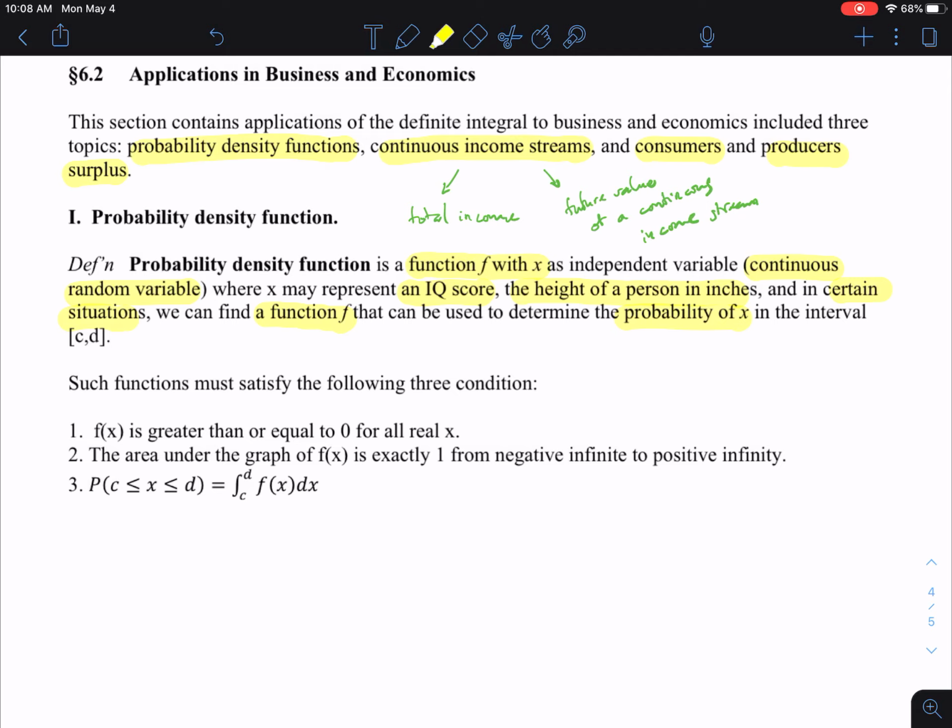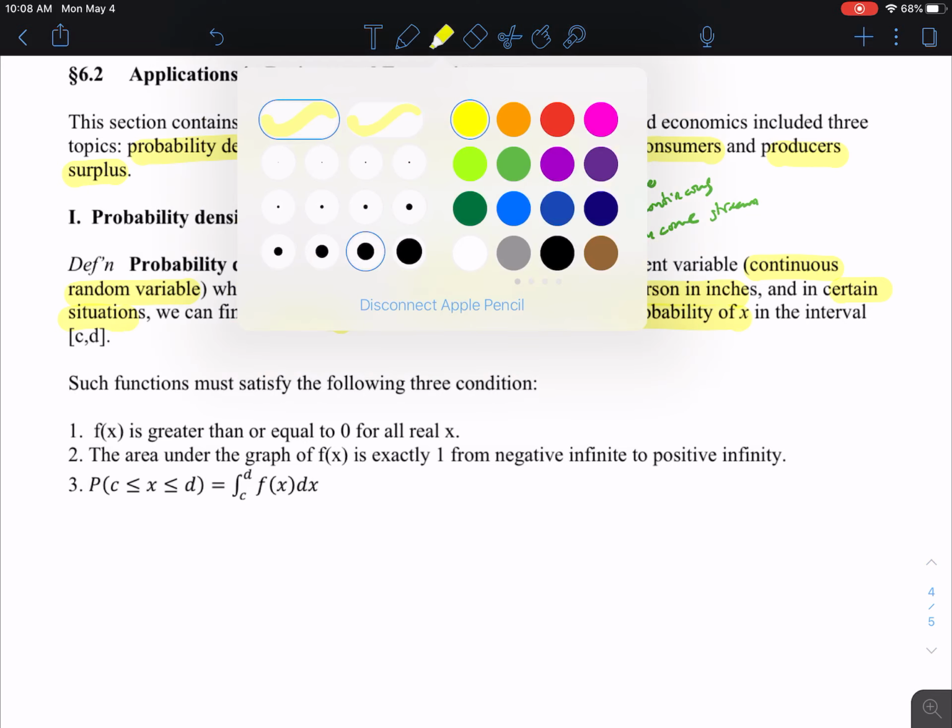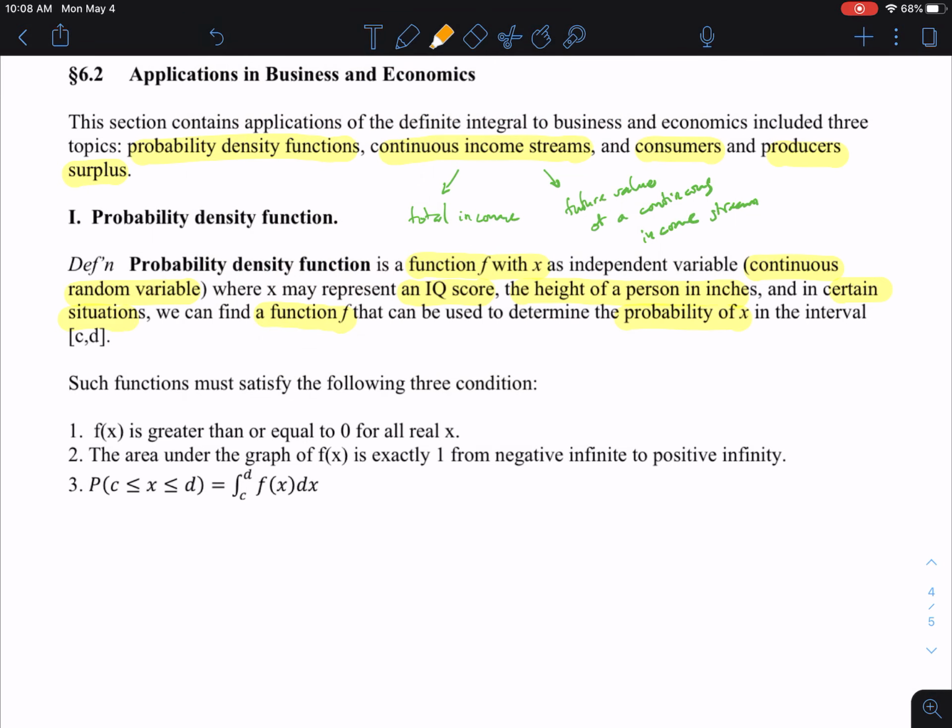In order for us to use that function as a probability density function, it must satisfy these three conditions. The function itself has to be greater than or equal to 0 for all x.